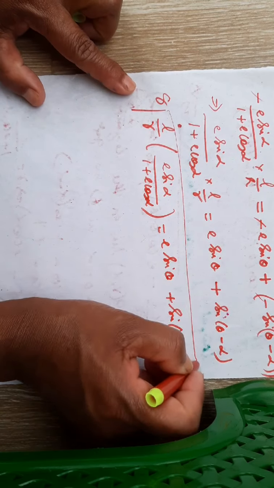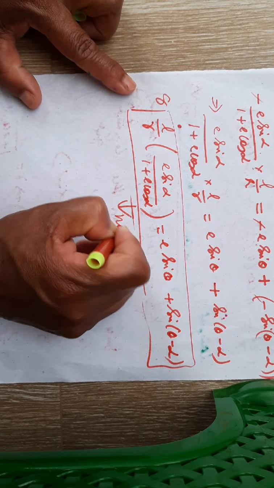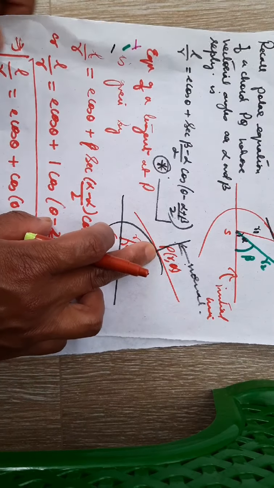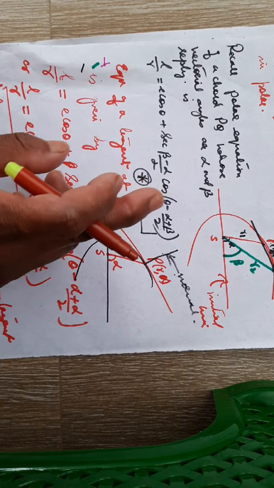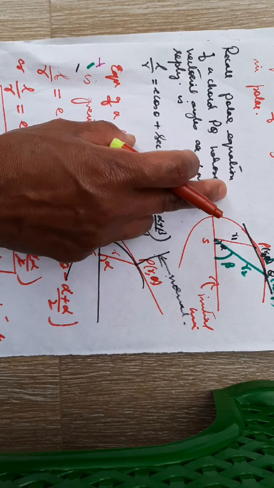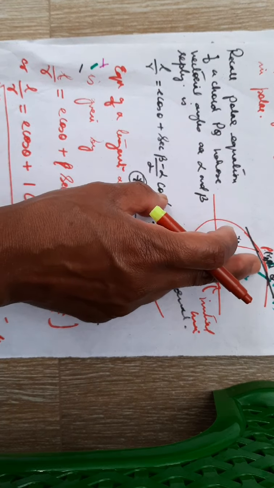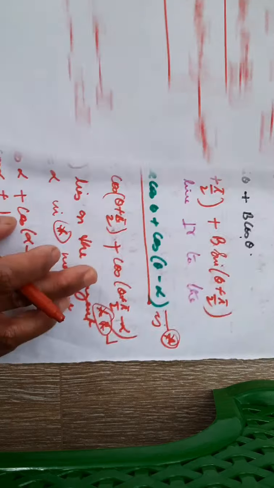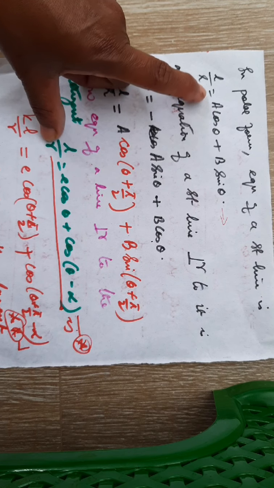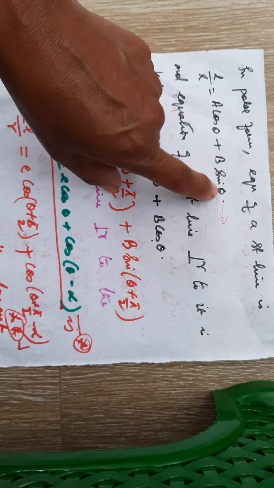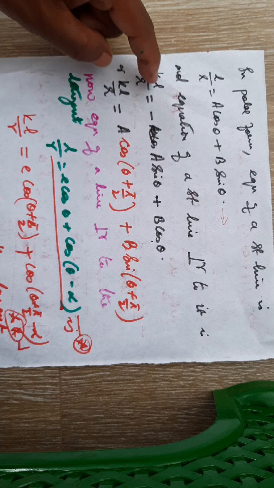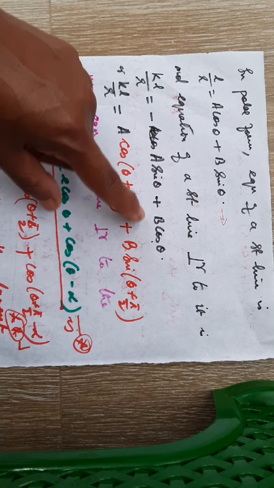So this is the required equation of the normal, which is a line perpendicular to the tangent at the point of contact of the tangent, that is at this point P. Hope it is clear how we derive the equation of the tangent from the equation of the chord of a conic in polar form, and from the equation of the tangent we can derive the equation of the normal using the condition that in polar form, if L by R is equal to A cos theta plus B sin theta represents the equation of a straight line, then the equation of the straight line perpendicular to it will be given by the formula k L by R is equal to minus A sin theta plus B cos theta.